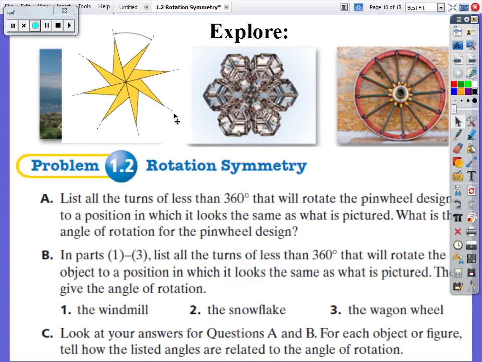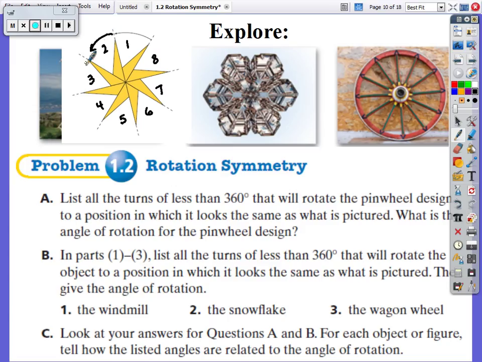So list all the turns of less than 360 degrees that will rotate the pinwheel design to a position in which it looks like the same as what is pictured. What is the angle of rotation for the pinwheel design? Well, what we can do is figure out what the angle of rotation would be. Remember, in order to figure out what your order of rotation is, there would be 1, 2, 3, 4, 5, 6, 7, 8 rotations.